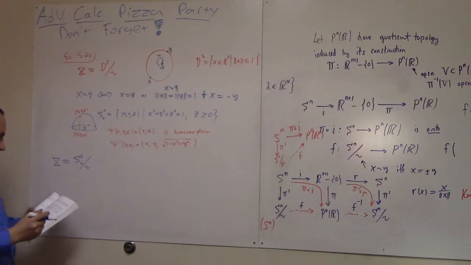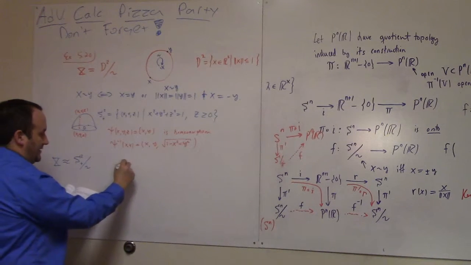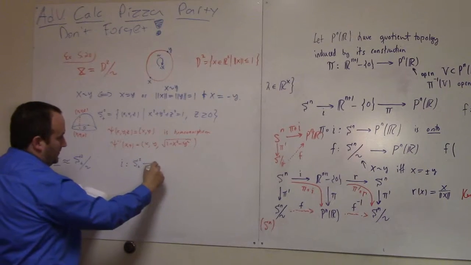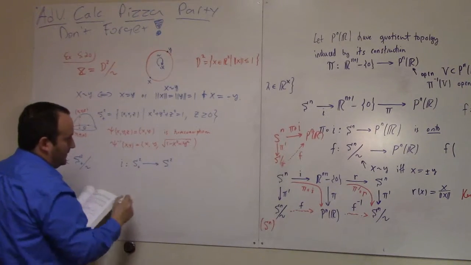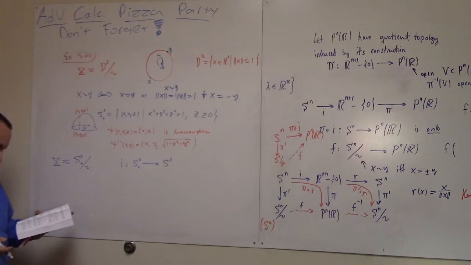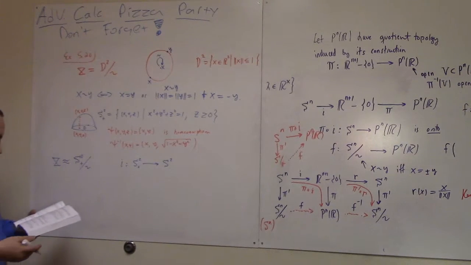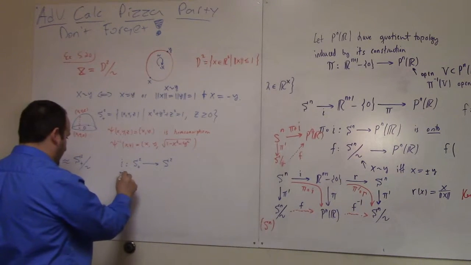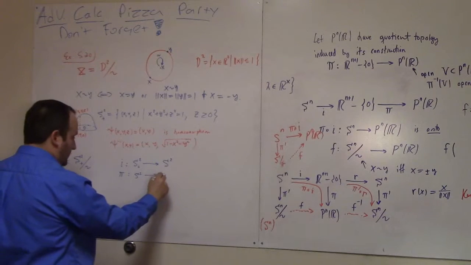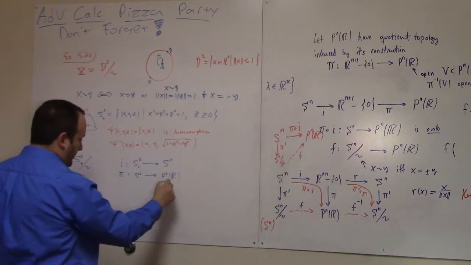So he says let I be the inclusion of the upper hemisphere into the sphere. You guys know what that map is: it's just the mapping x, y, z goes to x, y, z for every x, y, z in the upper half sphere. And then the projection map from S2 to real projective 2 space.